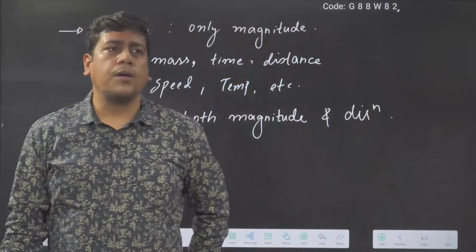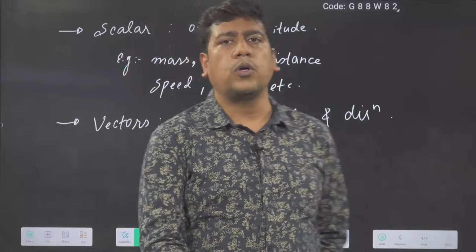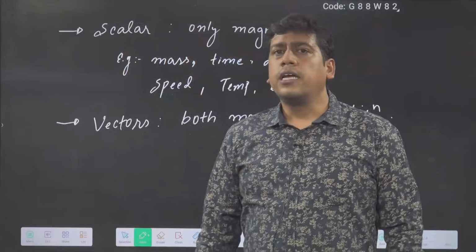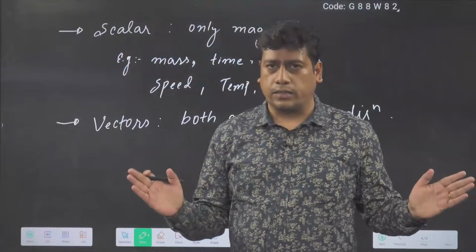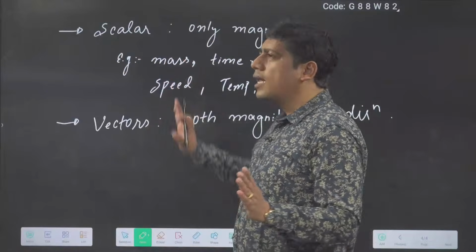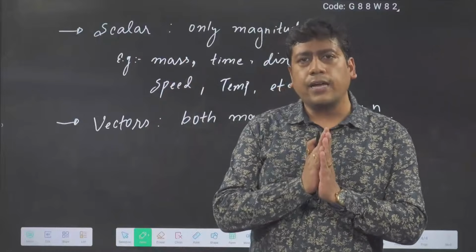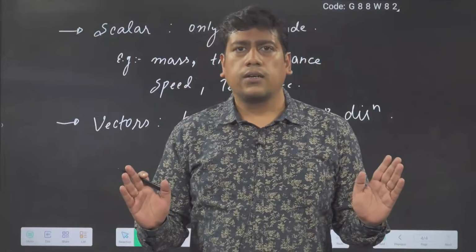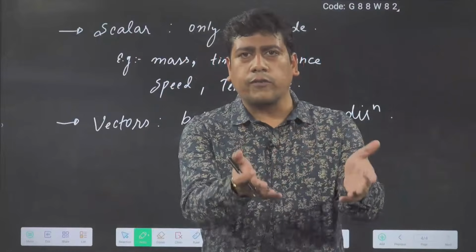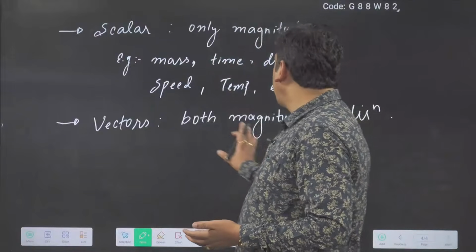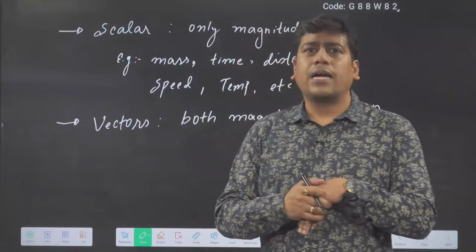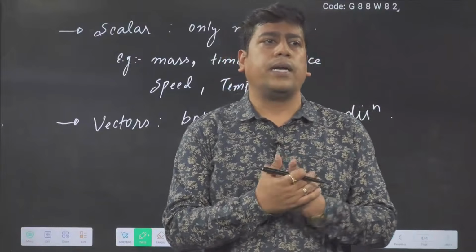So to define them, two things are required, both magnitude and direction. If you define only magnitude or only direction, it will not give you the complete picture. Like in mass, when you say 70 kg, it gave the complete picture. Okay? The answer of the question was complete. But when you ask about vector quantities and you give only magnitude, then the picture is not complete, right?